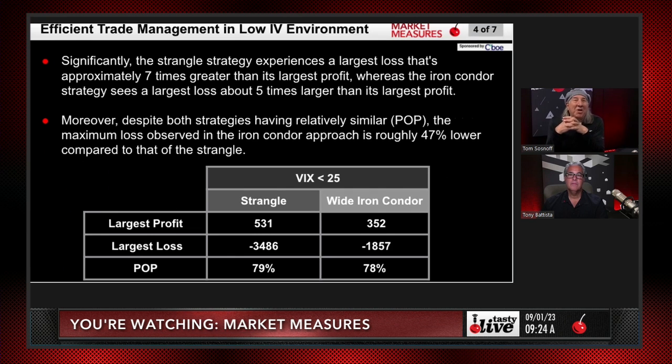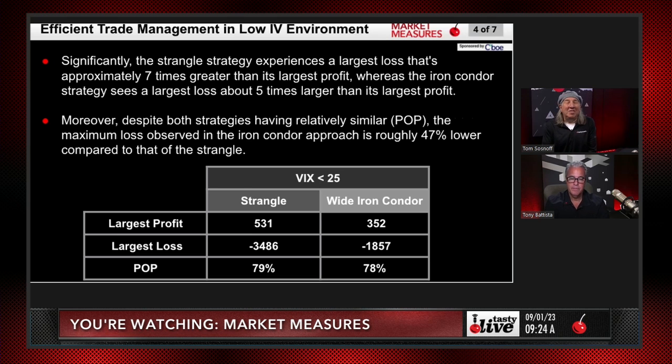Okay, so here we start getting into something, and you're going to see these are very subtle differences, and this is VIX below 25, so this is where we are most of the time. So this Strangle strategy experiences a largest loss that's approximately 7 times greater than its largest profit, whereas the Iron Condor strategy sees its largest loss about 5 times greater than its largest profit.